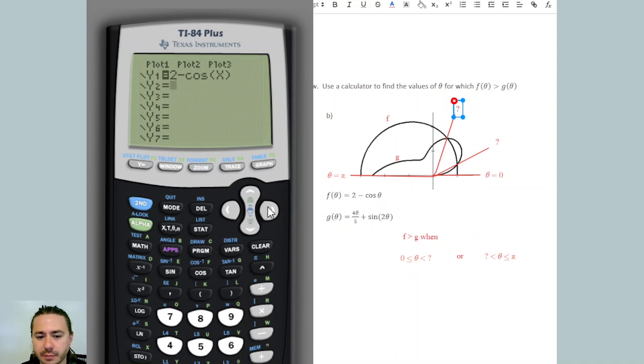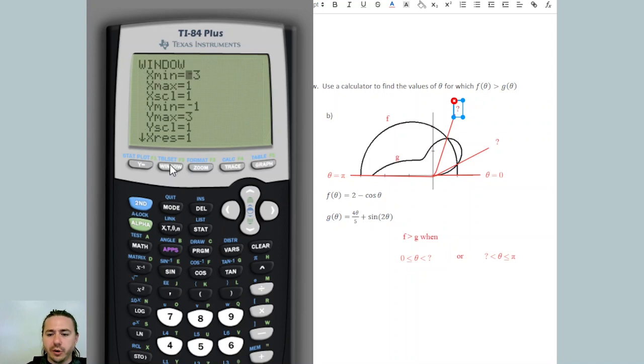And 4 theta, so 4x, let's just do a fraction here. Don't want to leave any room for error. 4x over 5, plus 2 sine, not 2 sine, but sine 2 theta.